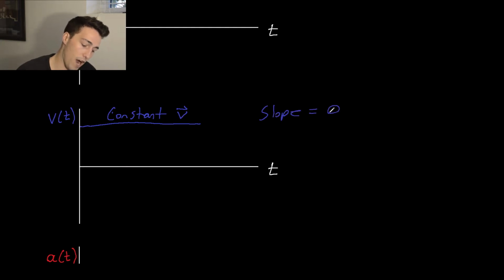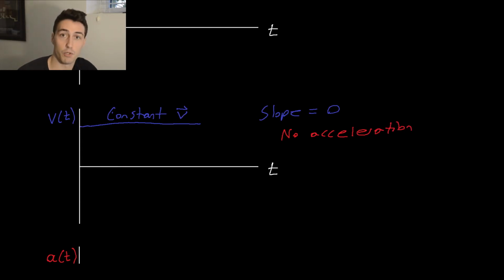If we did rise over run, there's no rise, so the rise is zero, and therefore the slope is zero. When the slope is zero, this means that there is no acceleration. So this object is moving, and it has a constant velocity, but it's neither accelerating nor decelerating. So constant velocity.